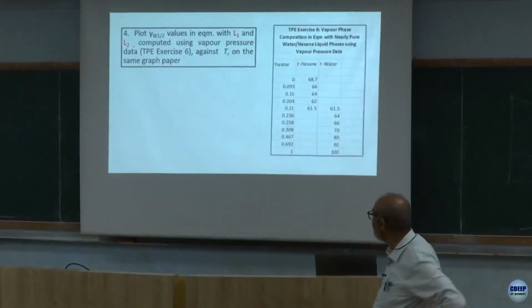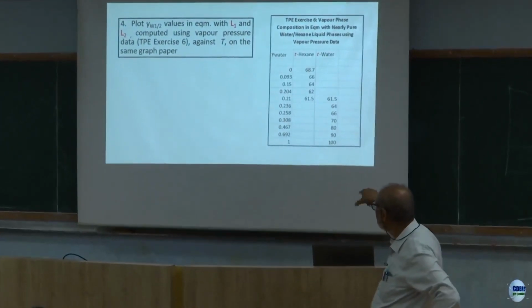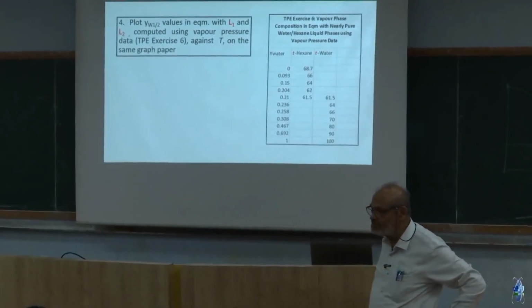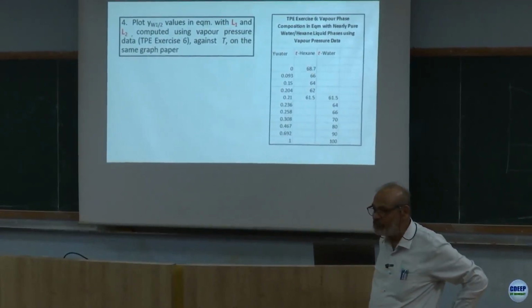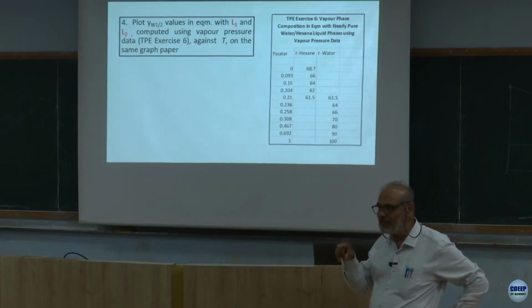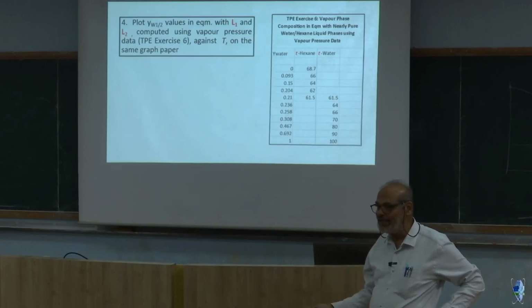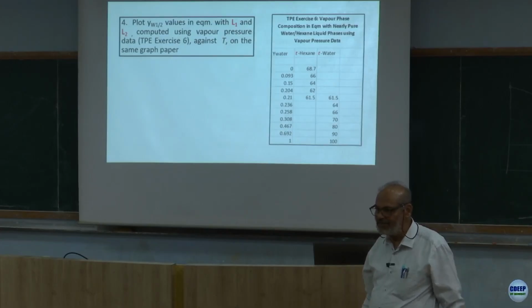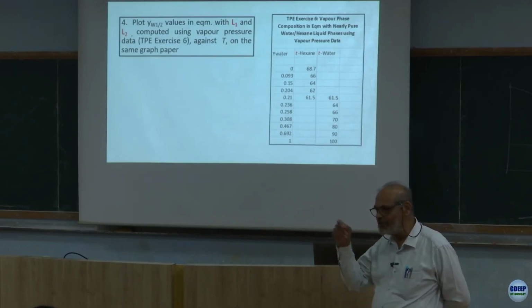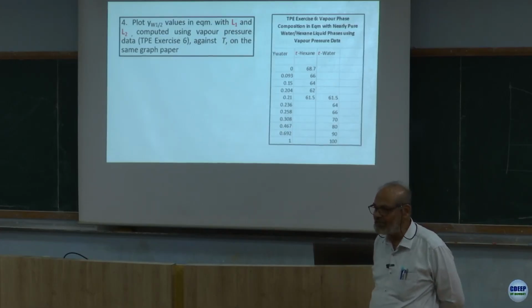Here we estimated the concentrations of the vapor phase or the dew point line using vapor pressure data. So on the same graph, please plot these points also, which you had predicted earlier using a different set of data, which was vapor pressure data. So plot again and see, on the same graph, same scale, same graph.